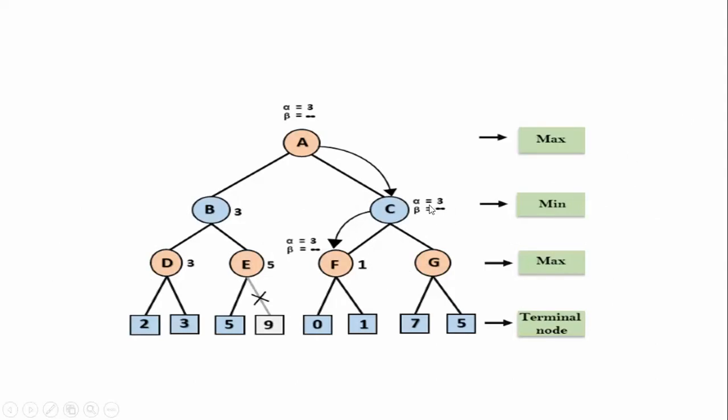We can change the value of beta. When you change the value of beta, the beta value will be changed to 1, and again I am going to compare the alpha value with the beta value. So 3 is greater than 1, then only we perform pruning and cut this subtree.